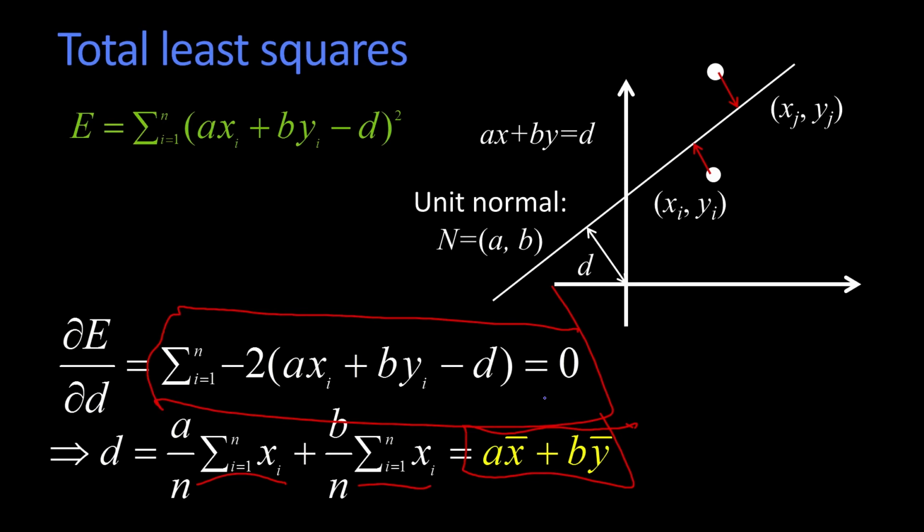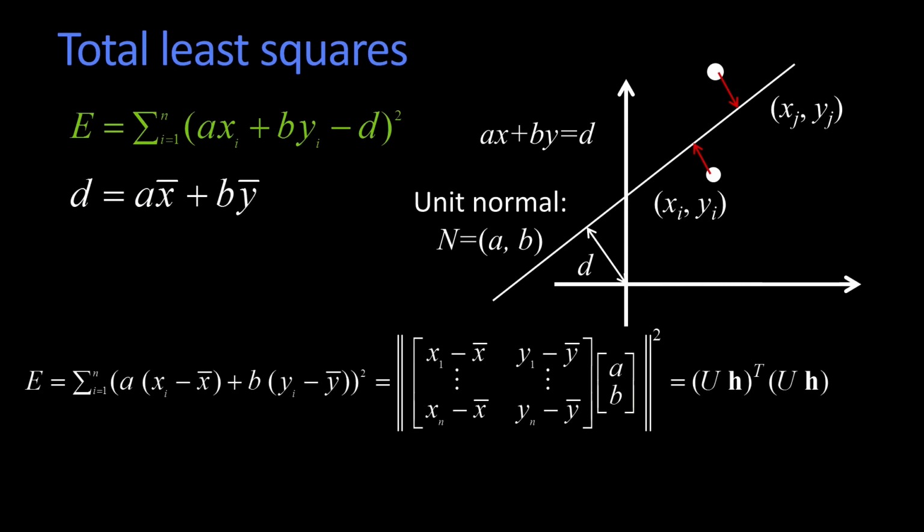Okay, so now I've got an expression for d in terms of a and b. So I can substitute that back in, and I get this kind of ugly expression that we'll make beautiful in a minute. I've now plugged these in, so there's no more d's in there. And look at that. That now looks very similar to the expression we had before, except now we've got these means subtracted.